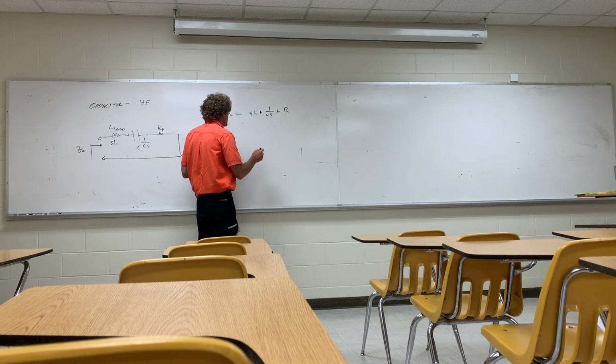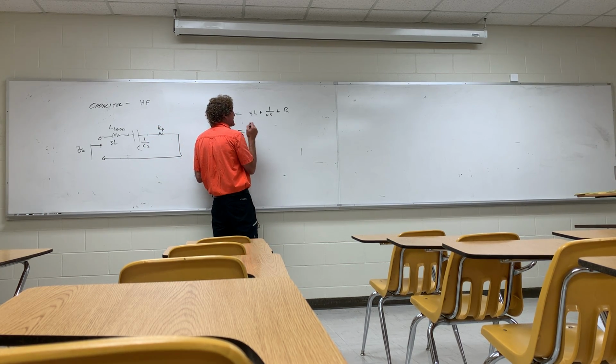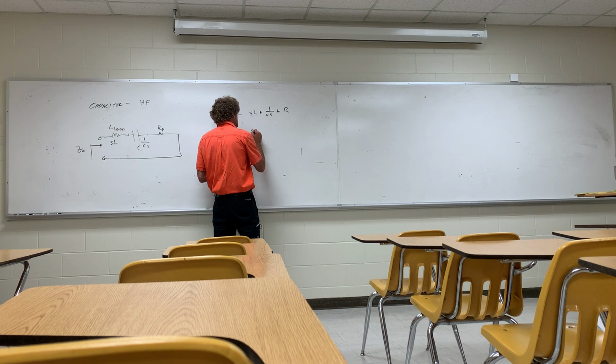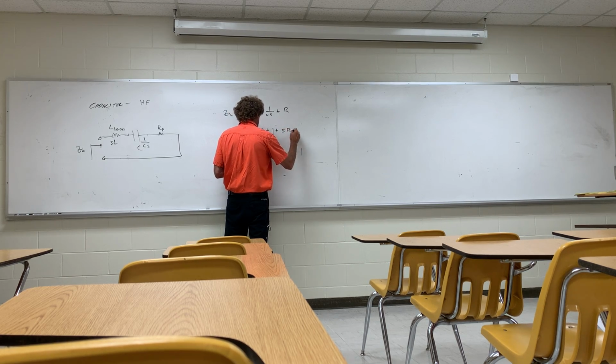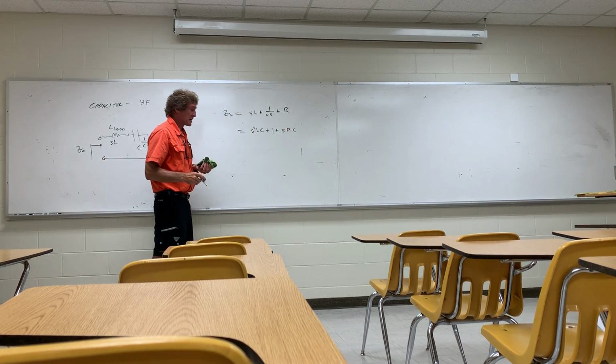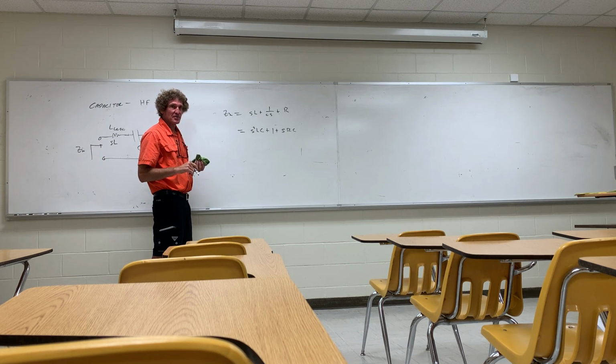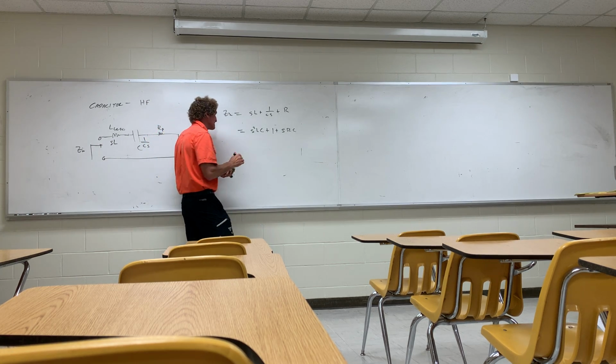Now you can go ahead and I'll start by multiplying everything by CS, so I get simply S squared L times C plus 1 plus S times R times C. And this should look vaguely familiar to you. Then I'm going to first divide everything by LC.